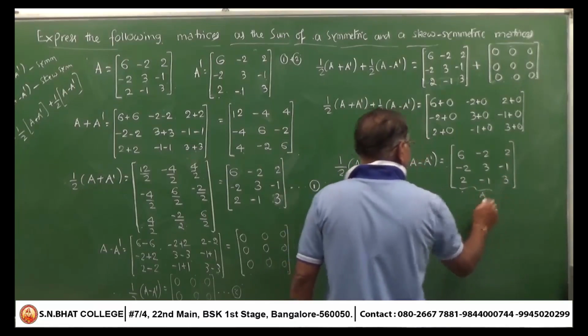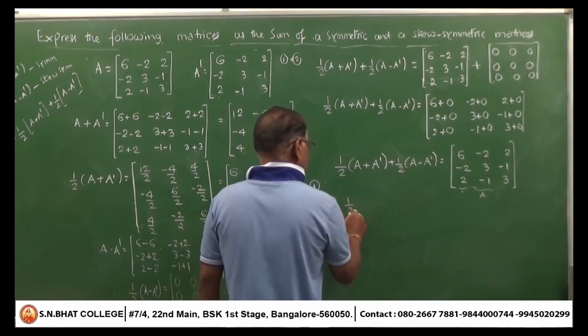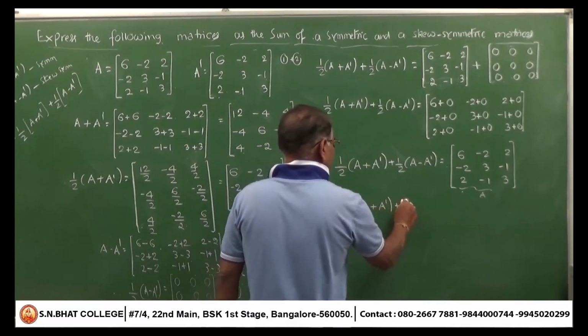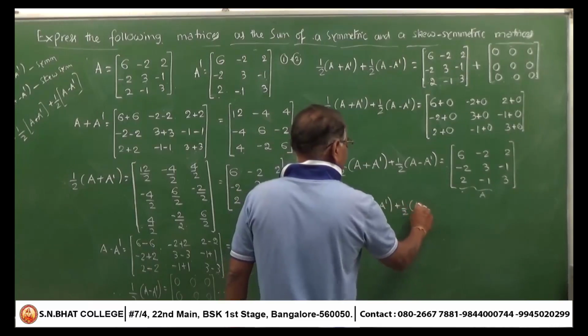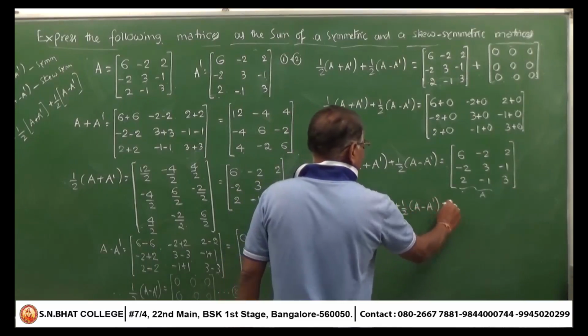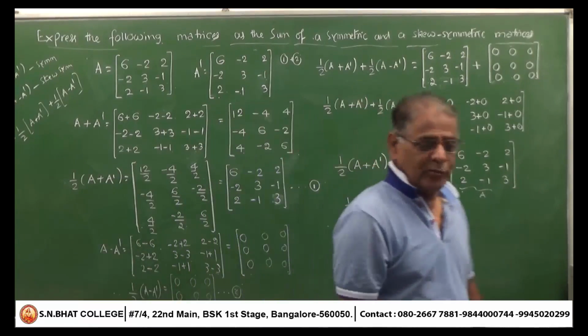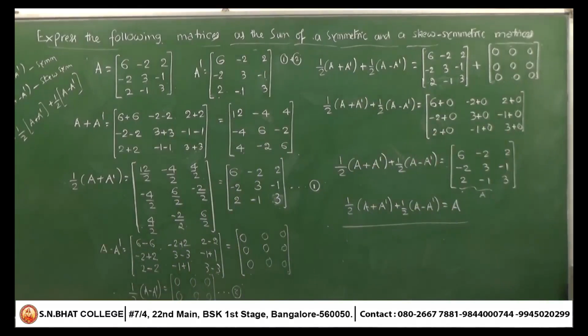This is nothing but the matrix A. Therefore, half into A plus A transpose plus half into A minus A transpose is equal to A. Therefore, we have expressed A as sum of symmetric and skew symmetric matrix.